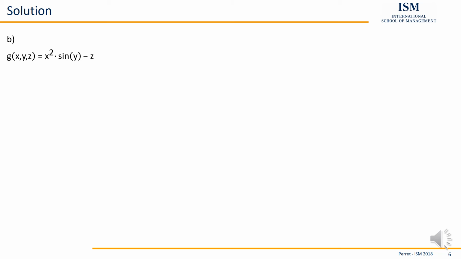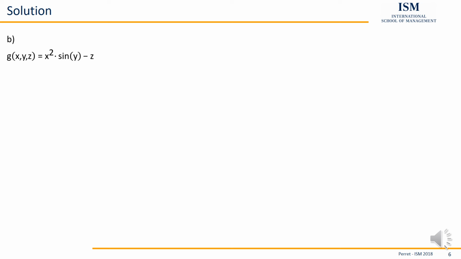The times sinus y does not matter because in the sinus there's no x, so this is treated like a constant. And the minus z is omitted because the derivative of minus z in regards to x is 0. So here we have just 2x times sinus y. That's the derivative for x.